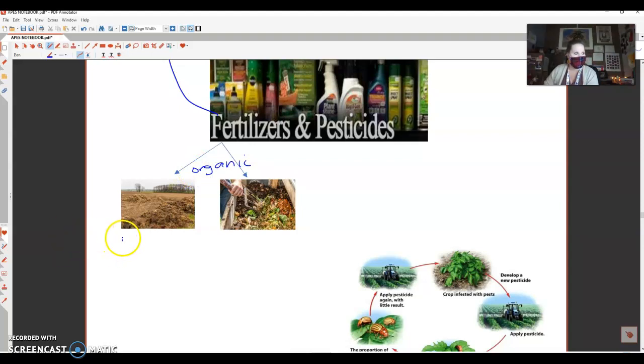We have manure, which is cow poop, okay? And we have composting. Some of you guys may even do composting at your house, but it's a great natural way to supplement plant growth, okay?